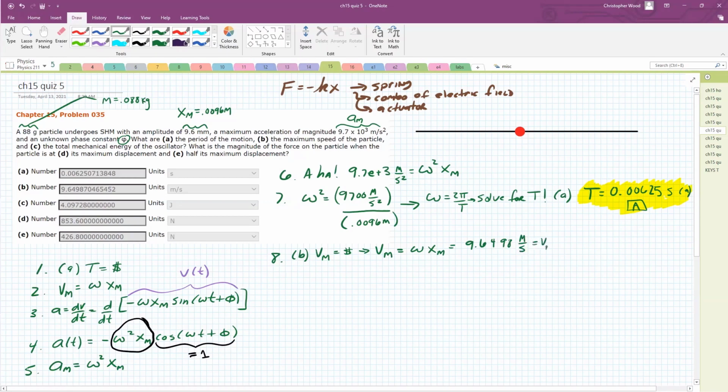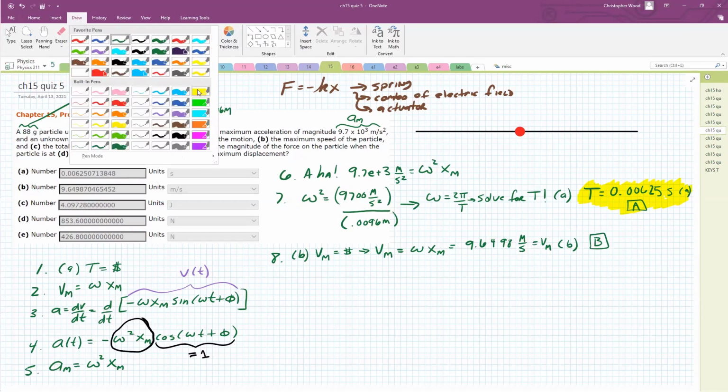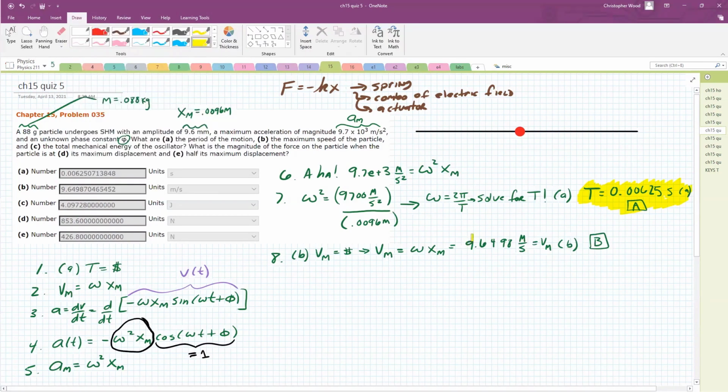That once again is the velocity amplitude. That's the answer to part B. I'm going to store that just because you never know. Store alpha B. 2 down, 3 to go. Maybe the rest of this is that easy.